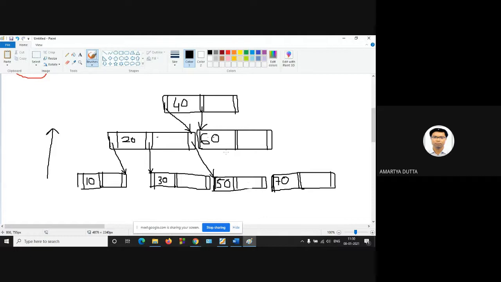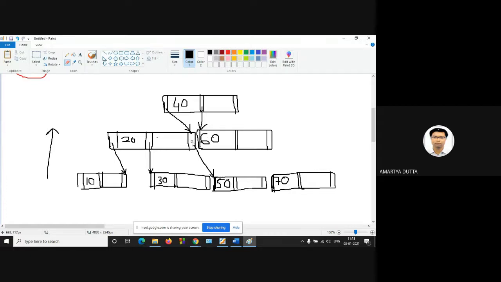So from 60... এবার ডায়াগ্রামটা কি কারেক্ট হয়েছে? Is it a correct diagram? Sir, মানে 60 রাইট চাইল্ড থেকে 70 কানেক্ট করতে হবে আর 50টা তো 60 এর লেফট চাইল্ড হবে.